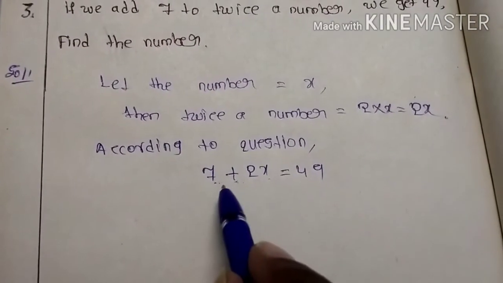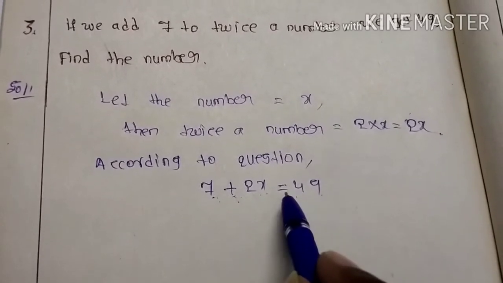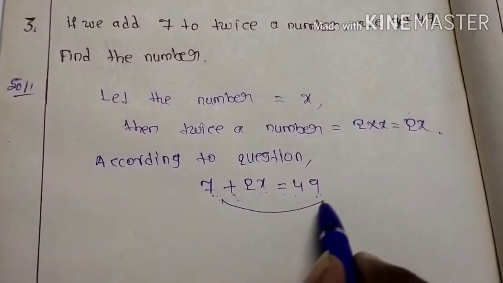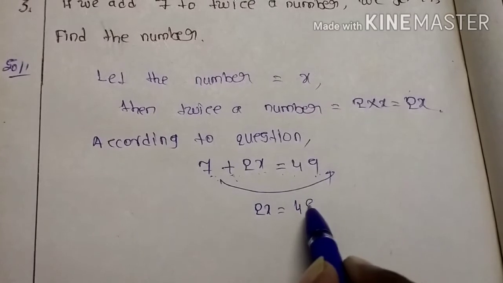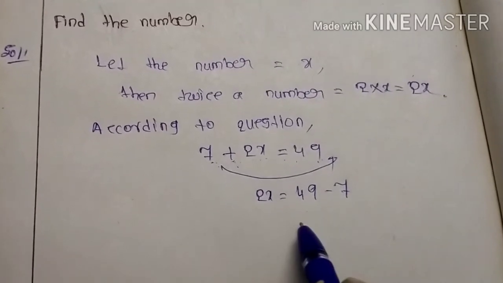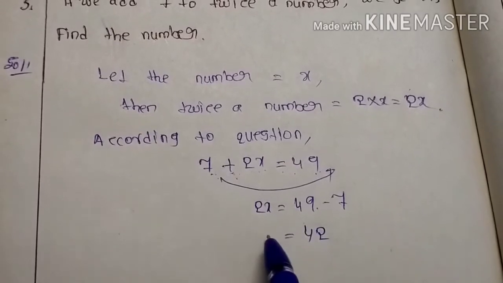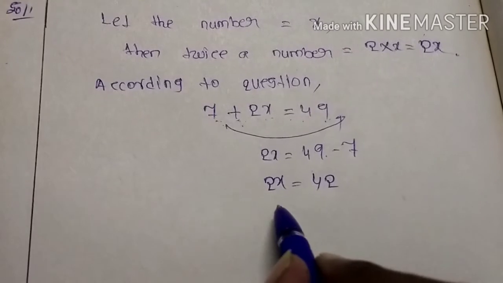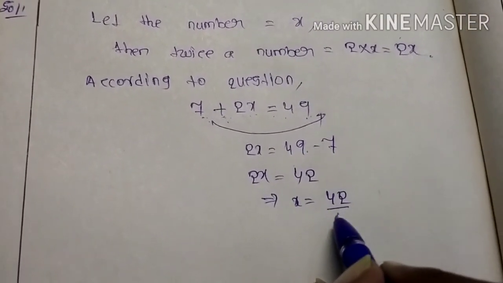You know that you can transpose 7 to RHS. 2x is equal to 49 minus 7. 49 minus 7 is how much? 9 minus 7 is 2 only, here 42. 2x is equal to 42, which means x is equal to 42 by 2.